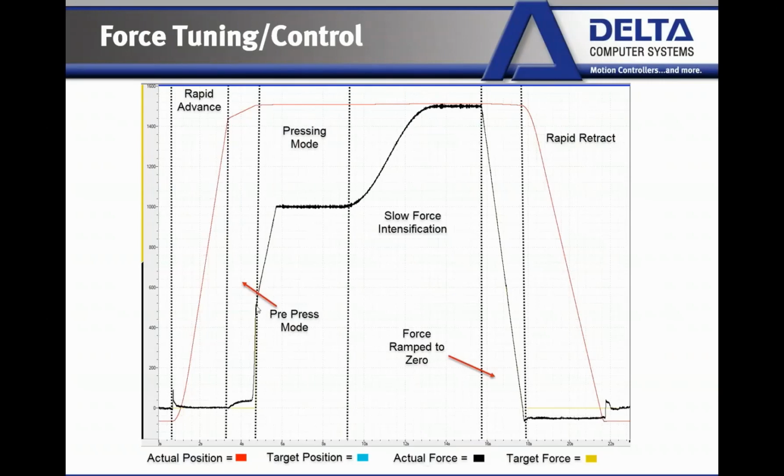The reason we do this is because you don't want to try to go into force control too early. If you go into force control before you're actually contacting the part, the controller is going to send a little bit more control output and expect a change in force. We don't see that change in force, so it's going to continue to send more and more and more output.